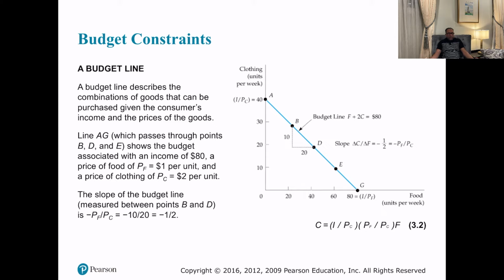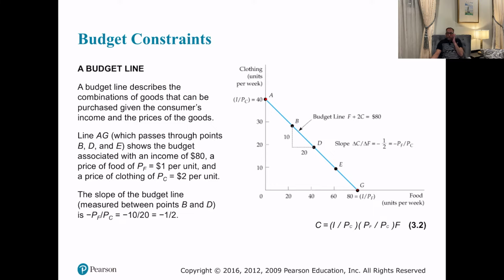So a budget line describes the combinations of goods that can be purchased given the consumer's income and the prices of the goods. Looking at line AG, at A and G, a maximum of 40 clothes or a maximum of 80 food units are possible, and when we join these points we get a straight line.